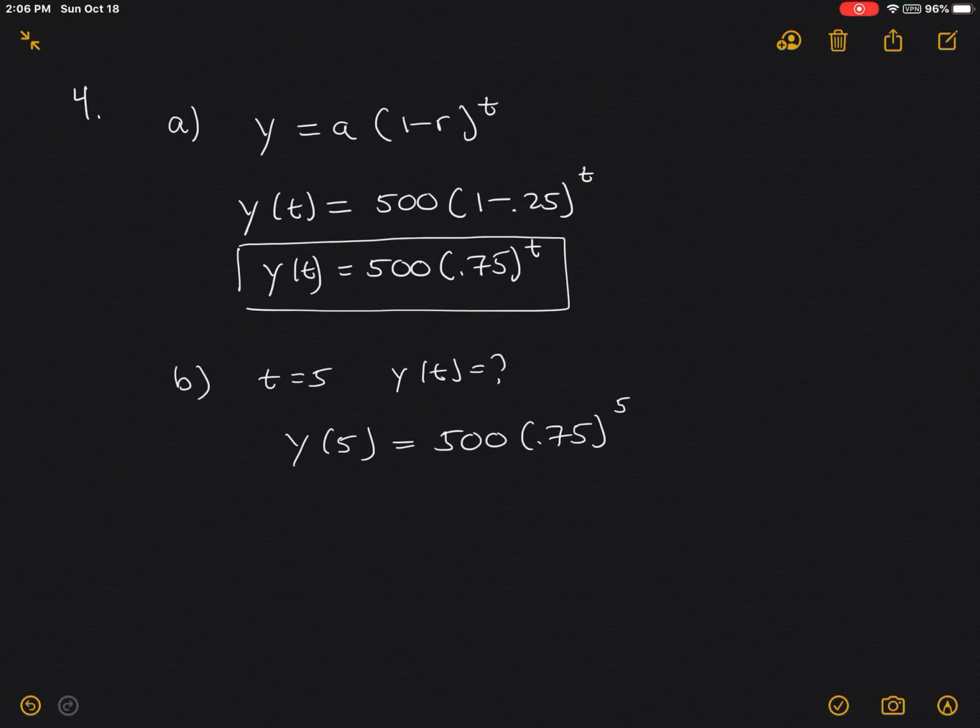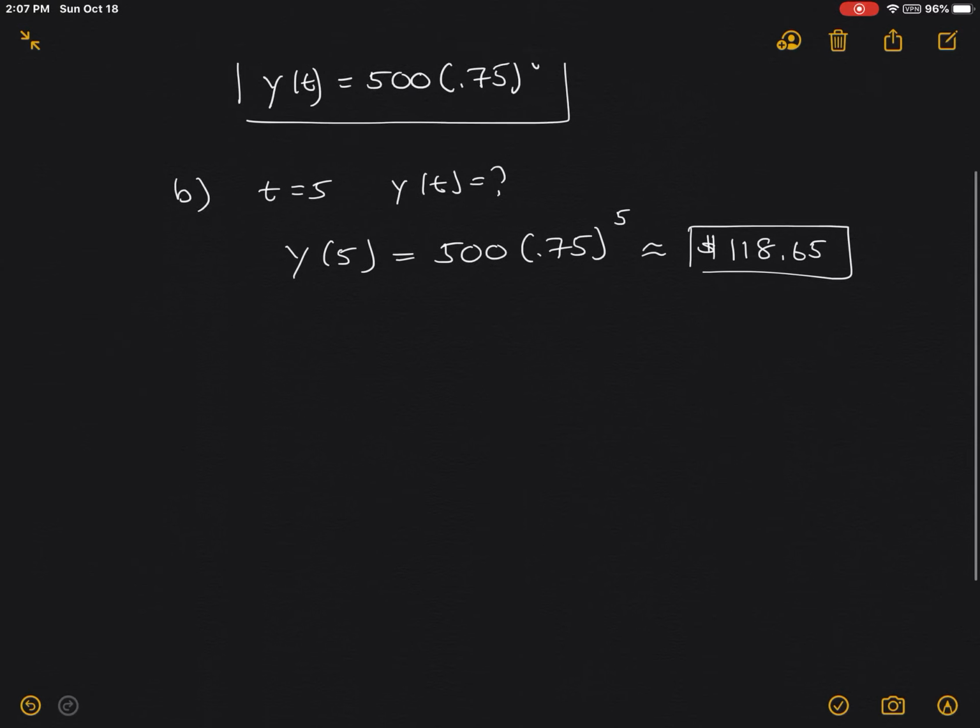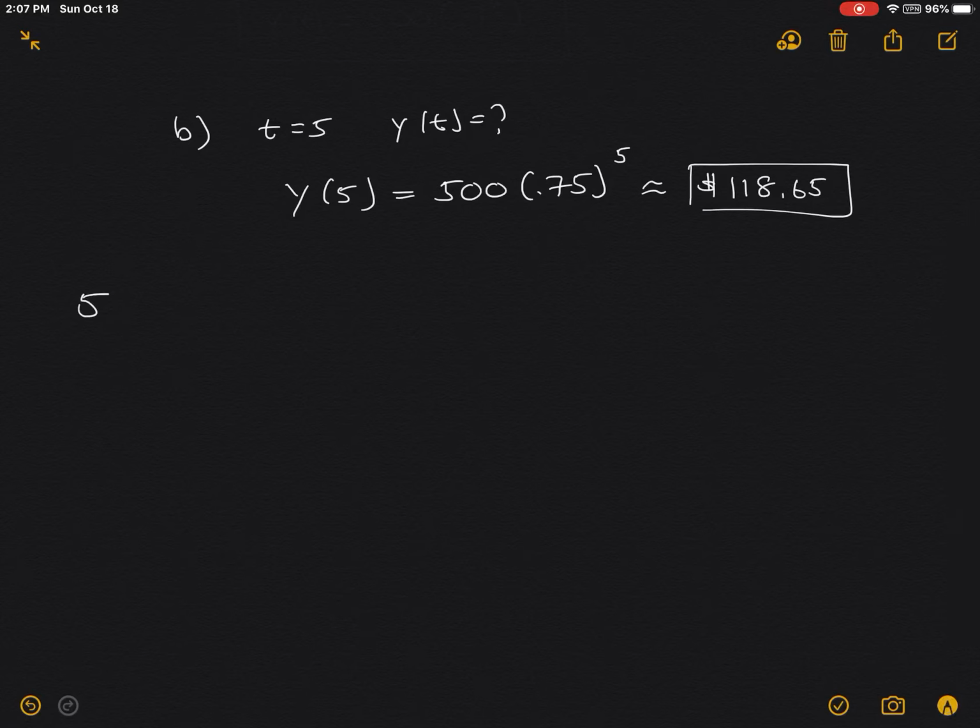Apparently I did not write the answer down to this problem, so I'm going to use my calculator. 500 times 0.75 raised to the 5th will give you $118. So after 5 years, this bike is not worth that much in terms of resale value.